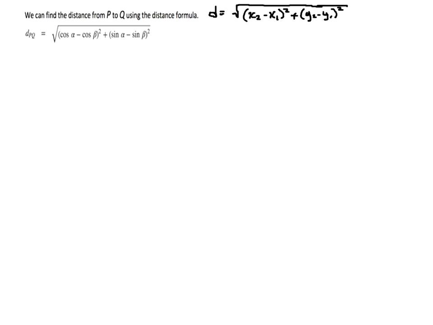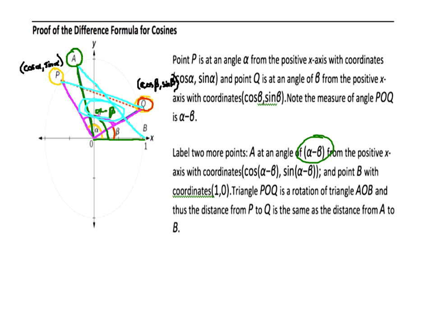So since PQ, remember, let me go back, the coordinates of P were cosine alpha, sine alpha, and Q was cosine beta, sine beta.